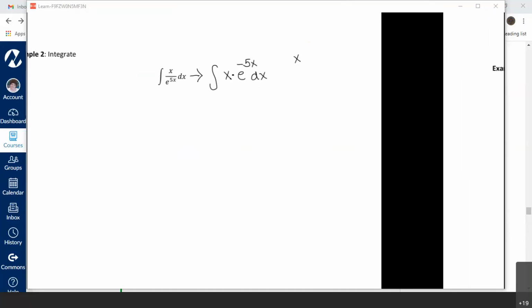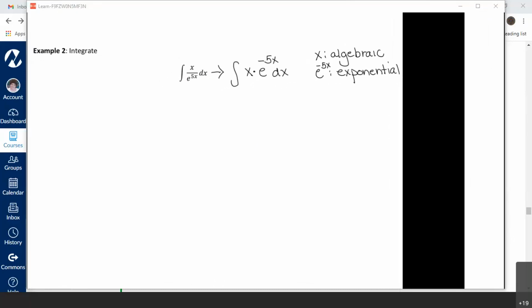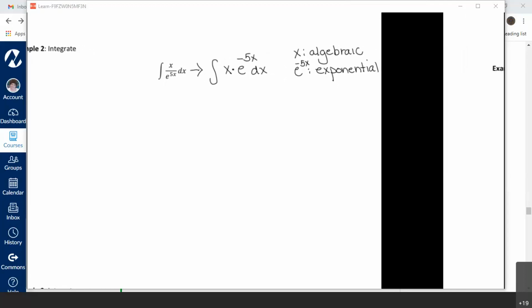And again, we're calling x algebraic, and we're going to call e to the minus 5x exponential. It's just that rule of thumb that's letting us call x an algebraic function. Just think of it as polynomials. Linears are polynomials. So that means x is going to be u, and e to the minus 5x is going to be dv by the rule of thumb.